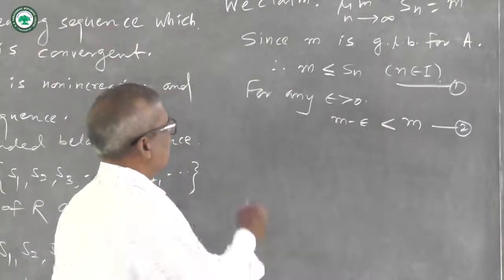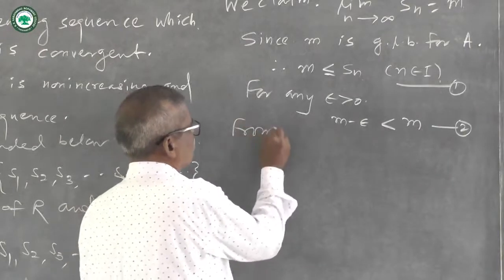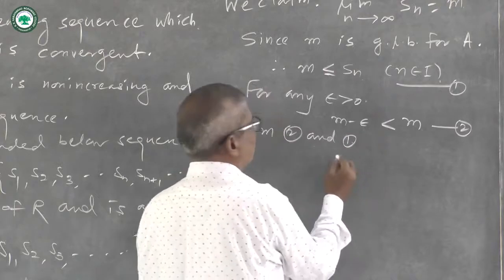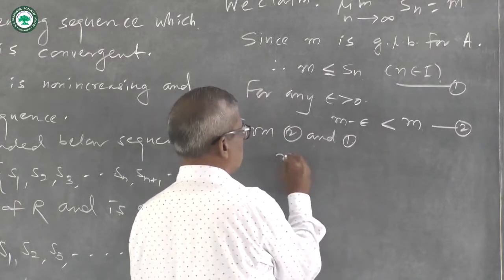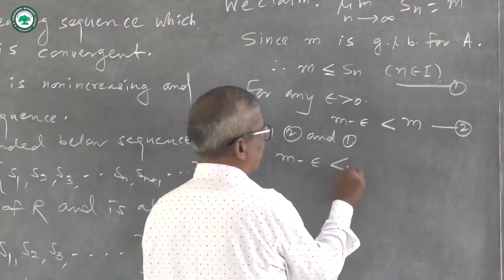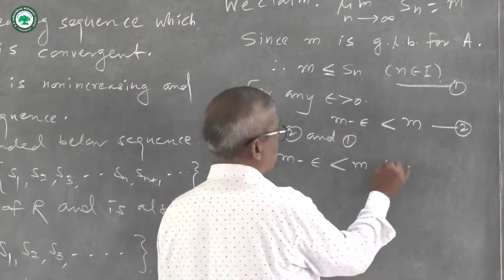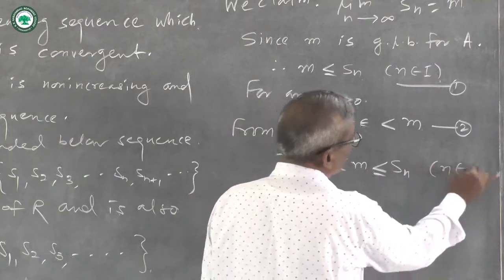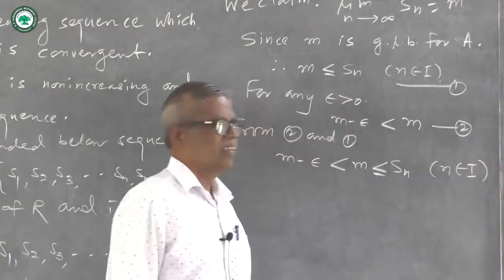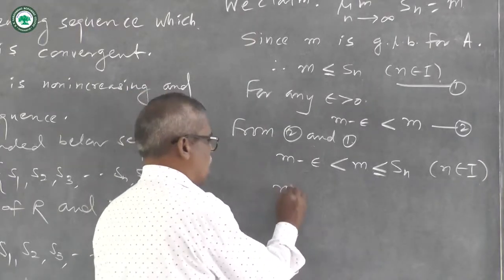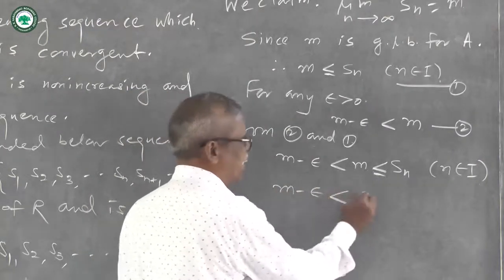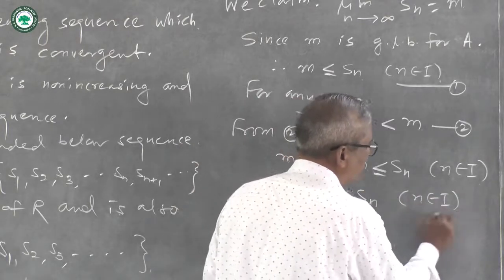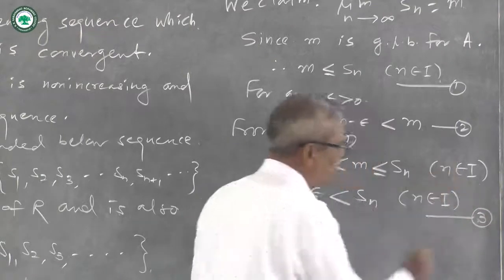From 2 and 1 we write m minus epsilon less than small m, and small m is less than or equal to Sn for all n belongs to I, that is m minus epsilon is strictly less than Sn for all n belongs to I. This is relation 3.